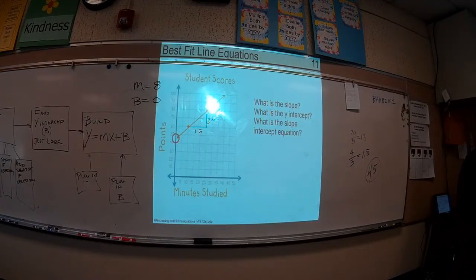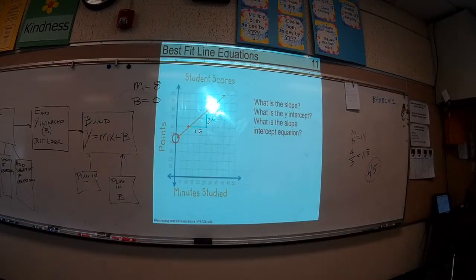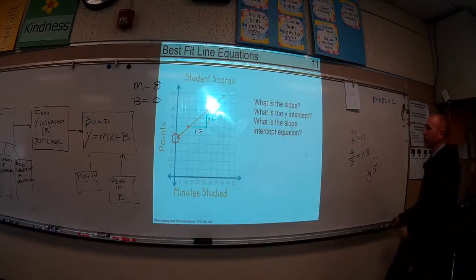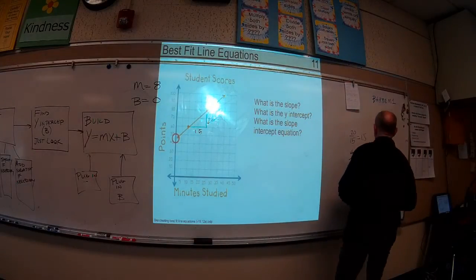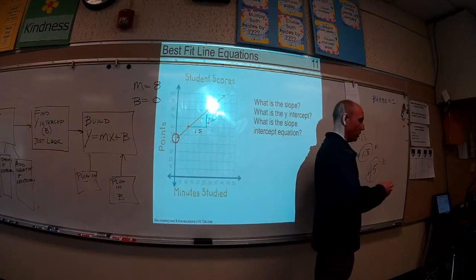Notice everything you need was written right here. You're plugging in those things. So you need to plug in two things. You need your m, which is right here, and your b, which is right there. Build the equation using those two things.